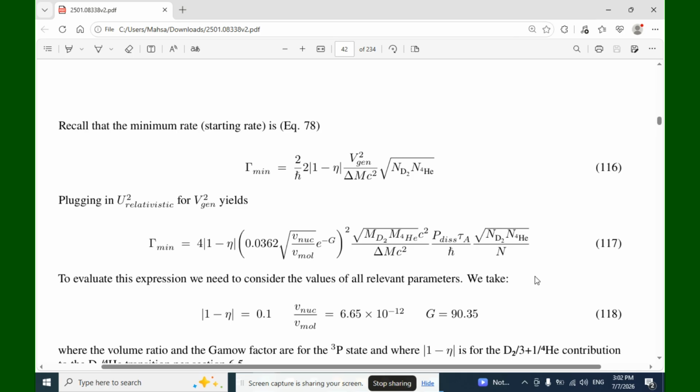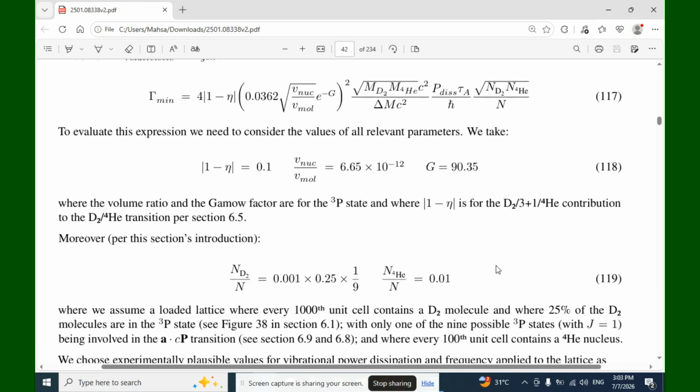Plugged into the U relativistic squared for Vj squared yields gamma min is equal to 4 absolute 1 minus eta multiplied by 0.0362 square root nu nuclear divided by nu molar multiplied by e to the power of minus g squared, square root m deuterium m helium 4 c squared divided by delta m c squared, multiplied by p this tau r divided by h multiplied by square root n deuterium and helium 4 divided by n.